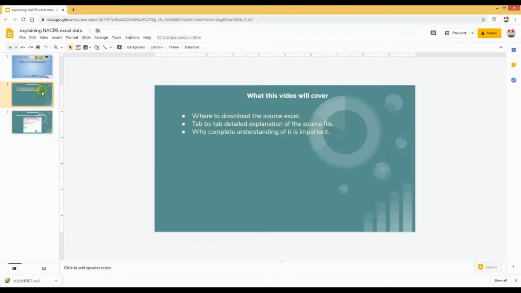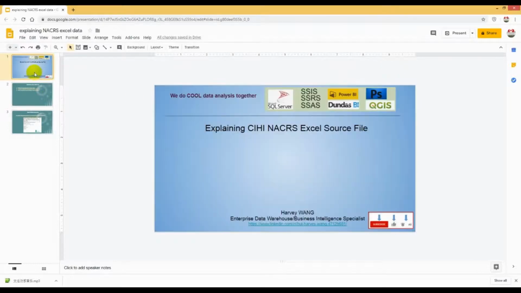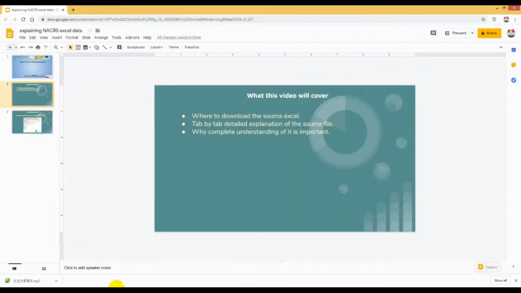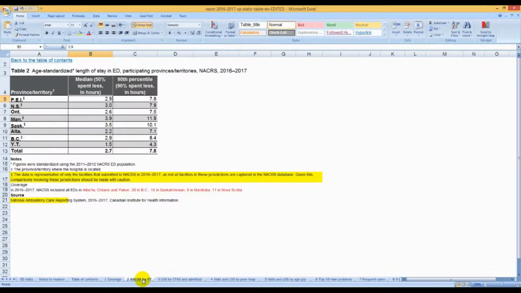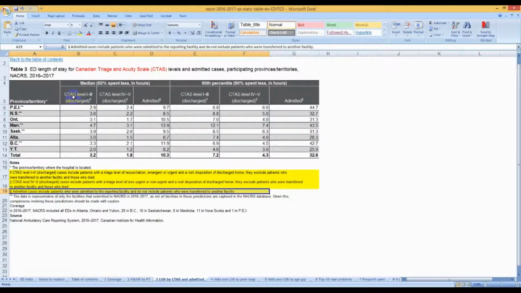At the beginning I mentioned why a complete understanding of it is very important. The reason I partly explained during my presentation. It is important because it has a lot of short terms, like NACRS, what that means, and also CTAS, Canadian Triage and Acuity Scale, and also ED LOS.